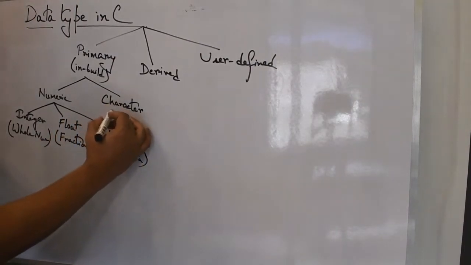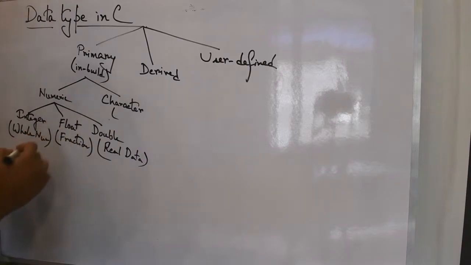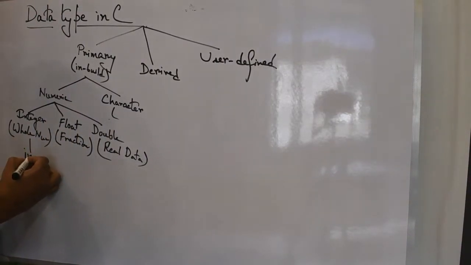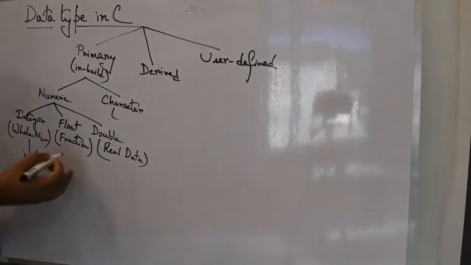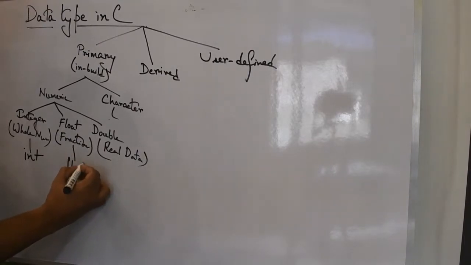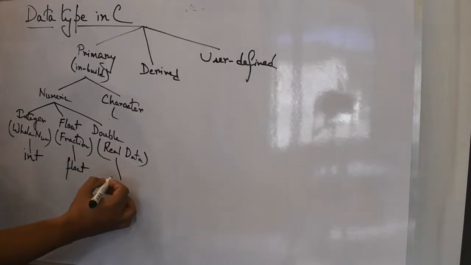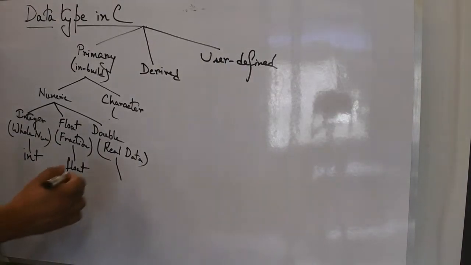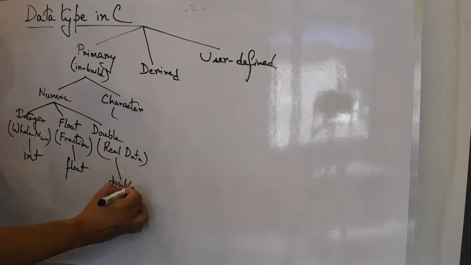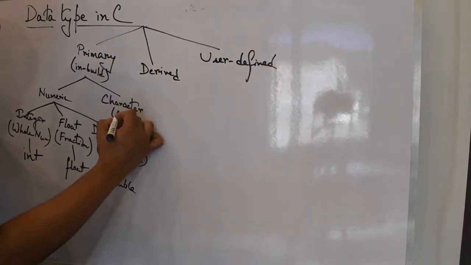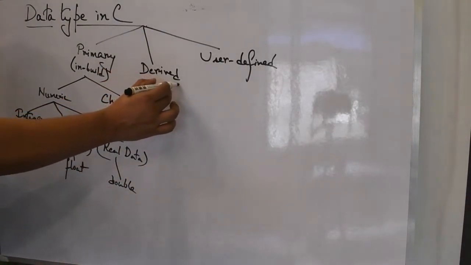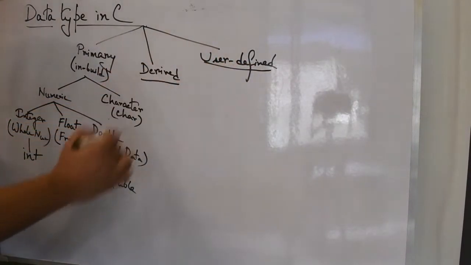There is a syntax for each: for the integer data type it is int, for float it is float, for double it is double, and for character we have char. There are other data types also, derived and user defined.